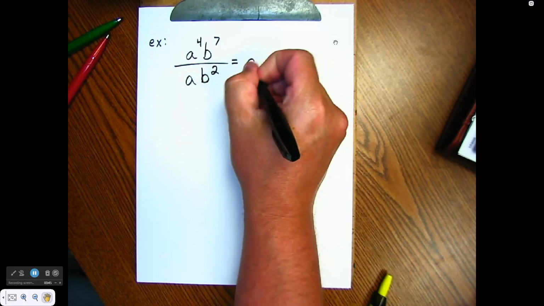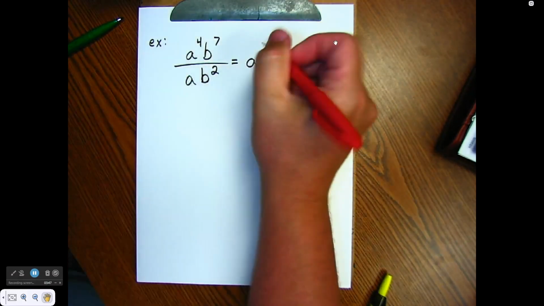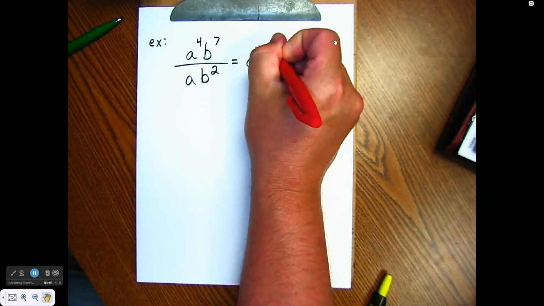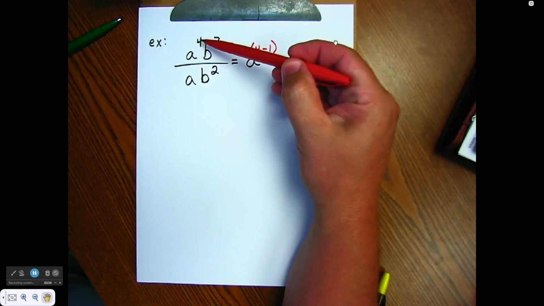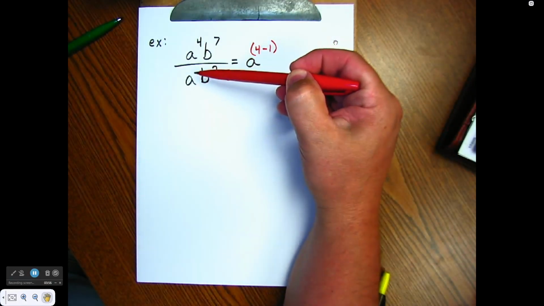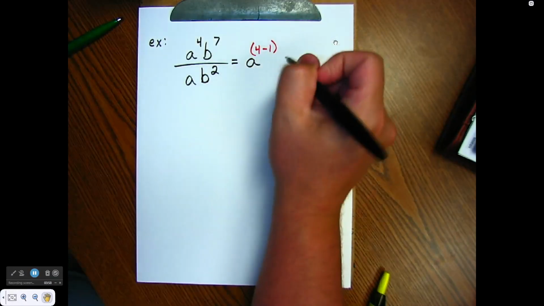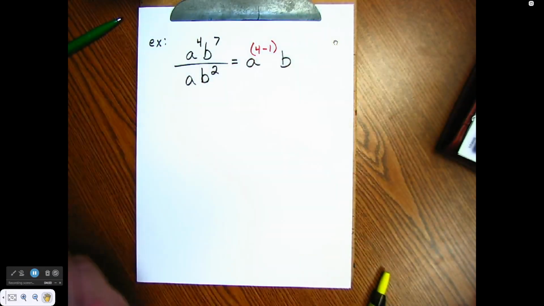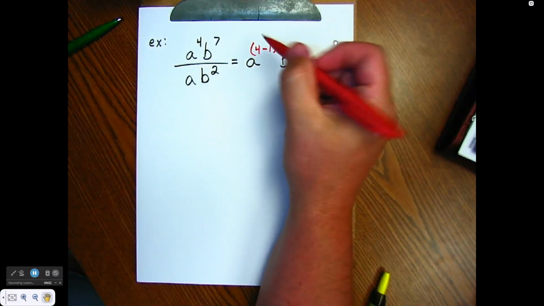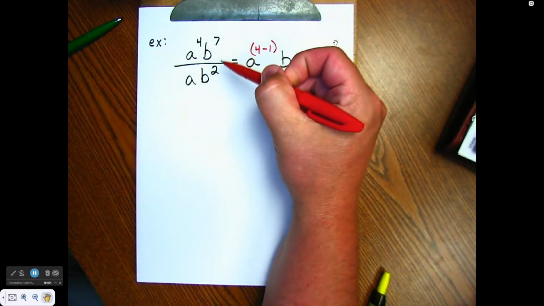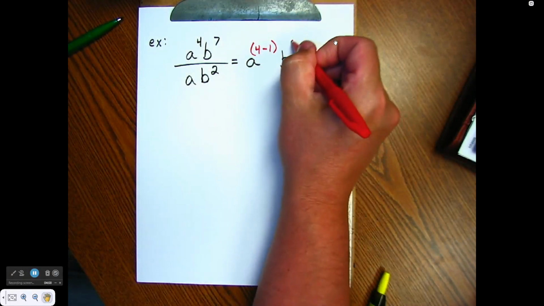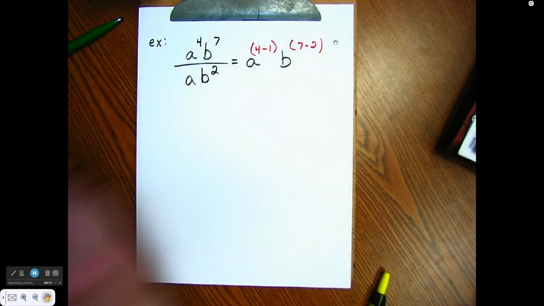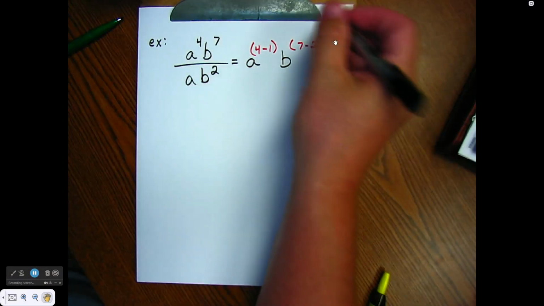So I now have a to the top exponent minus the bottom exponent, 4 minus the understood 1, times b to the top exponent minus the bottom exponent, 7 minus 2. And again, what allows me to do this?